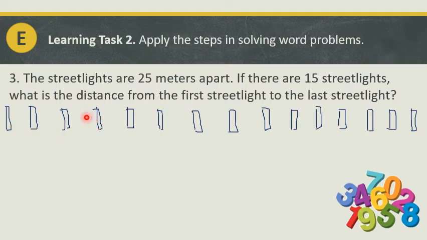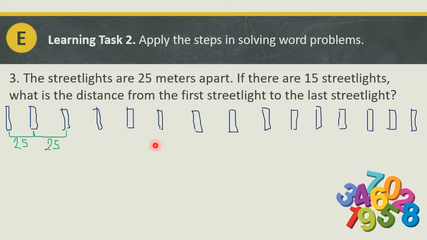So, kada pagitan daw po ay 25 meters. So, halimbawa, simula dito sa first street light hanggang dito sa second street light, 25 po ang pagitan. Simula sa second street light up to sa third street light is 25 din. So, lahat po, simula dito hanggang doon ay 25.